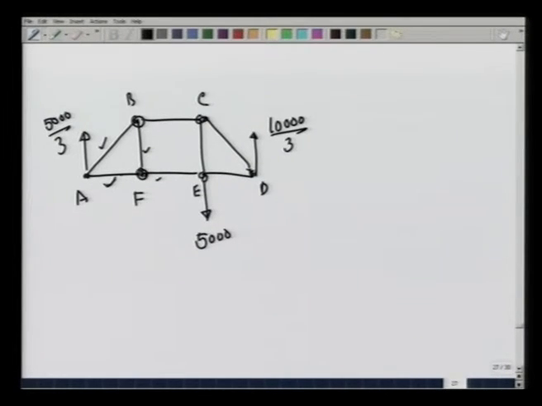Let us go to point B. The pin at B is under equilibrium due to a force on AB, which is compressive. So, it pushes the pin in this way.